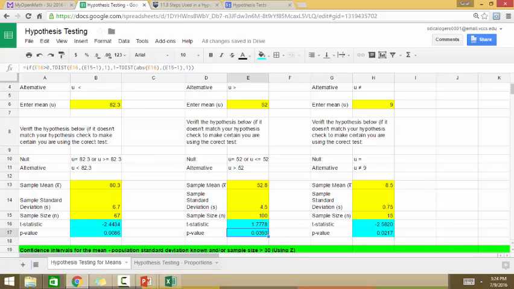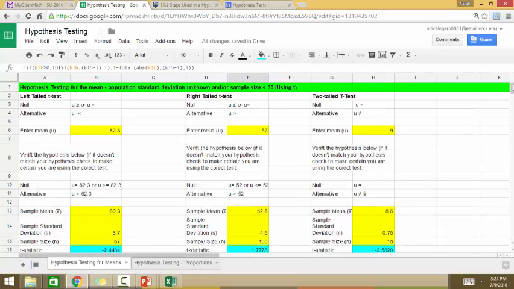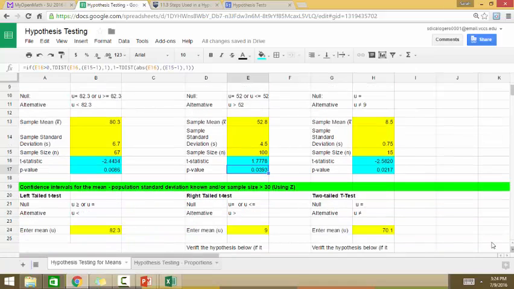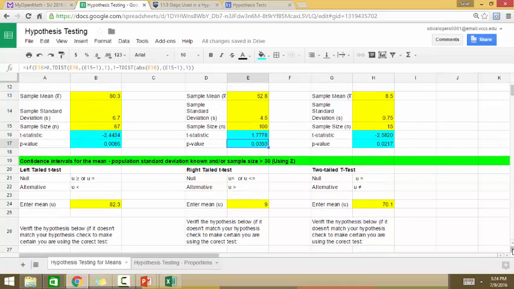Now again, I said that we were going to stick with using t, even though these spreadsheets have the ability to use z here. But I'm going to show you something.